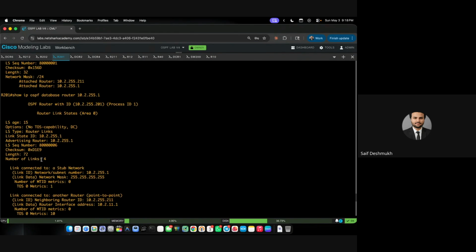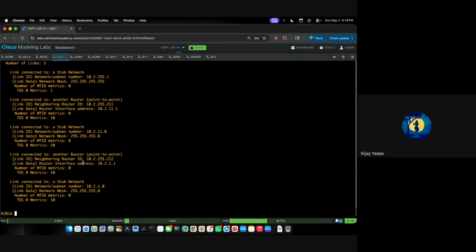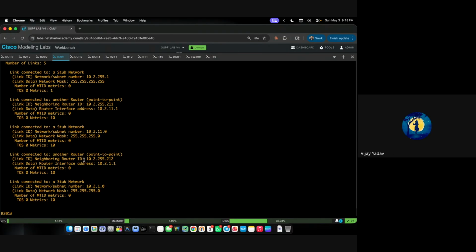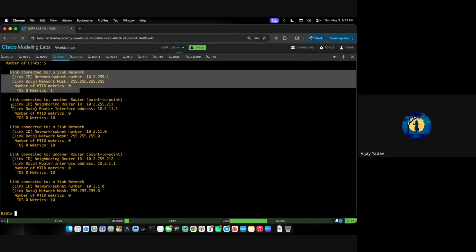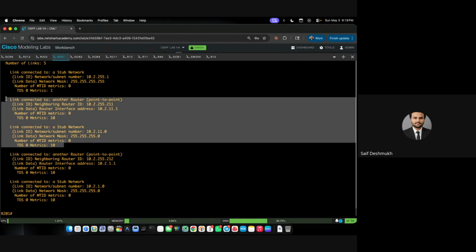Excuse me, from 4 to 6, right? Let's see. One is this. Oh yeah, you're right, it's 5. It's 5 because one link is a stub network, which is a loopback. Both of these links mean one interface, because it's point-to-point. It is generating two links there.